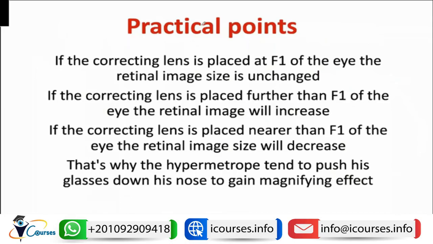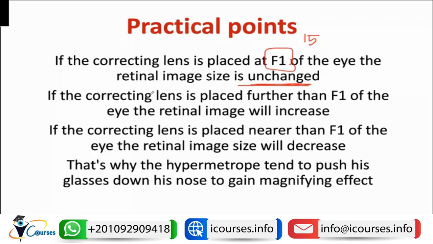So just to summarize some practical points: if we have a correcting lens present at the F1, which is 15 millimeters in front of the eye, then the retinal image size is unchanged. Again, Knapp's rule: the retinal image size is unchanged if we have an axially ametropic eye.